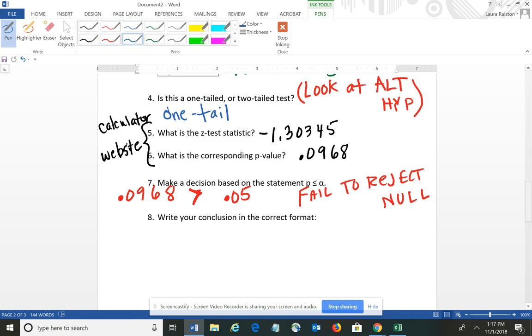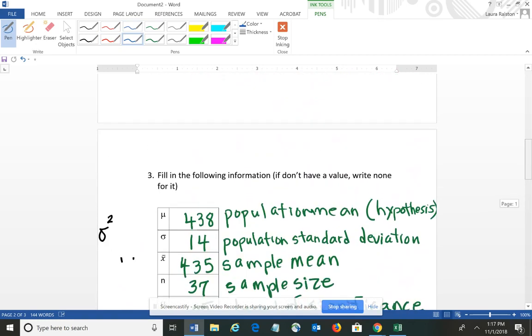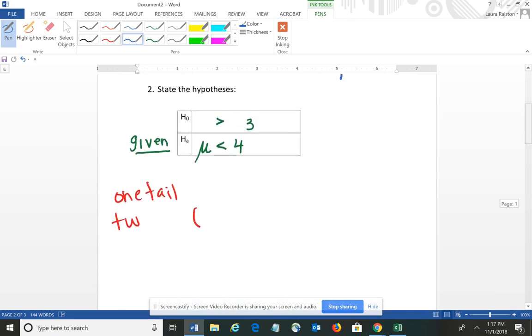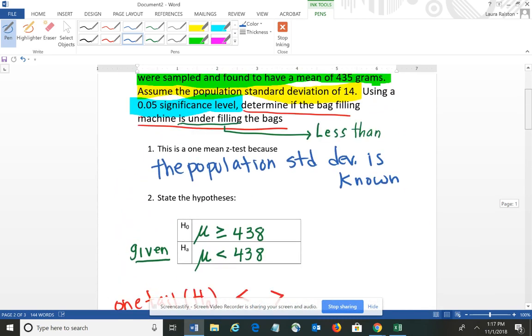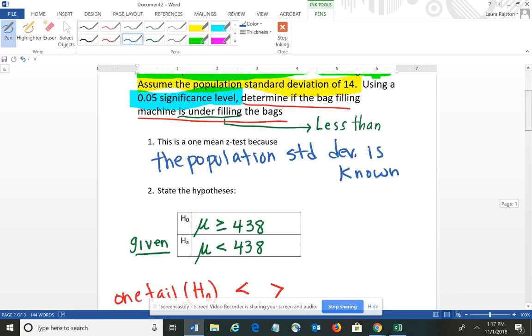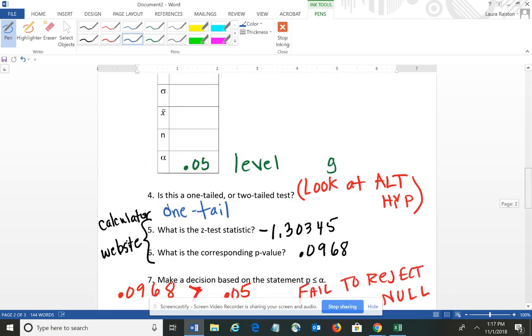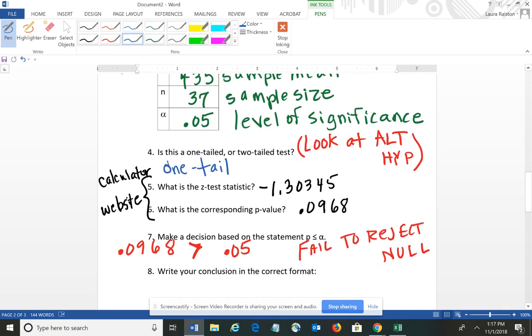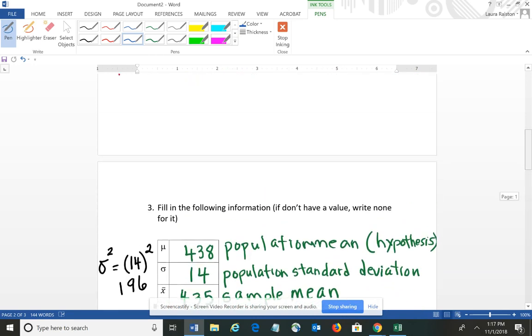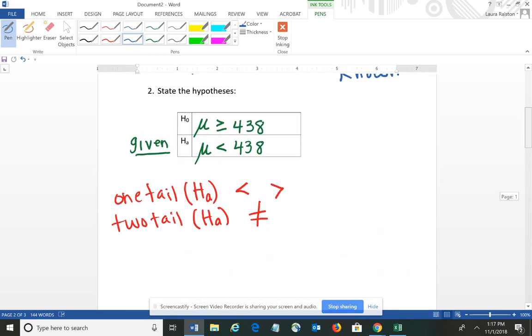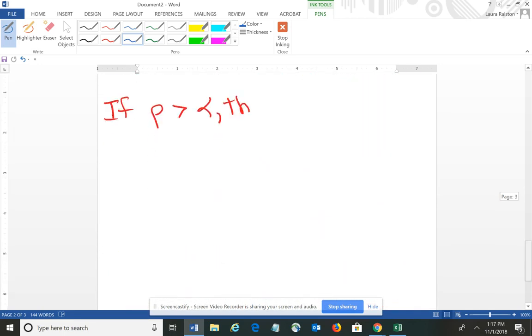So we fail to reject the null. So we're basically saying that the machine is not underfilling the bags, because we're saying that the mean is greater than or equal to 438.